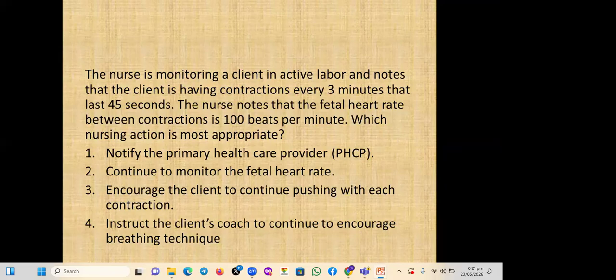So she's also saying that it is 1, that at 100 it's fetal bradycardia and needs to be reported to the healthcare provider. Last person, if you want to talk, then we go on. If not, we'll proceed.